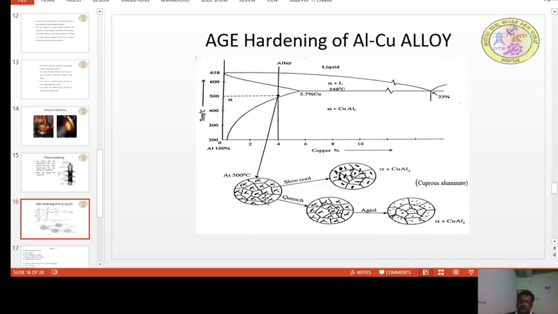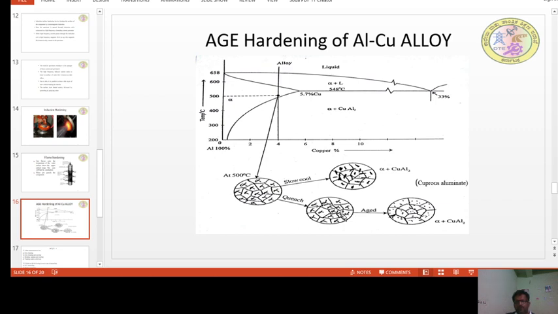In the other method, that is fast cooling, the quenching, what happens when you suddenly dip into cold water? Once again, it forms alpha grains, very rich in copper or supersaturated alpha grains. In this case, the copper content is very high, and it will not be stable over a period of time.